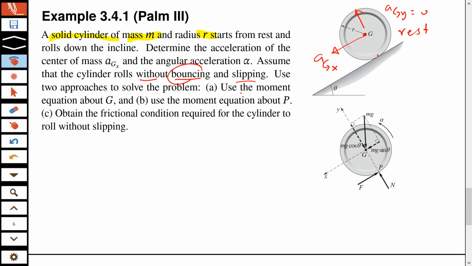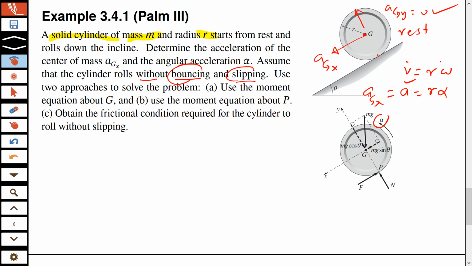And no slipping means that you can always connect angular acceleration with linear acceleration. Remember, this is the angular acceleration, and this A in our case, because there are only two components possible, one component is 0 because there is no bouncing, the other component must be equal to this A.